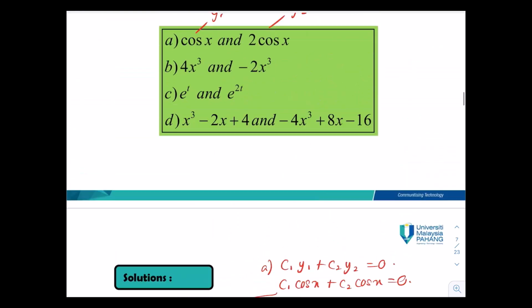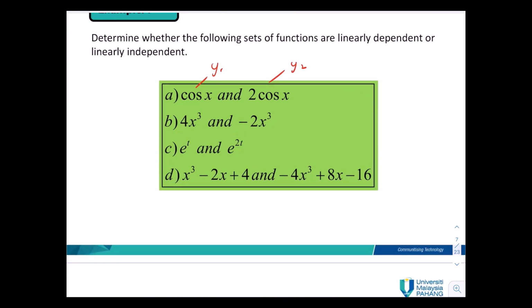Okay, now why don't we check the second one, B. c1 times 4x³ minus 2c2x³. If you notice, we have 4c1 equals 2c2, so we have 2c1 equals c2.